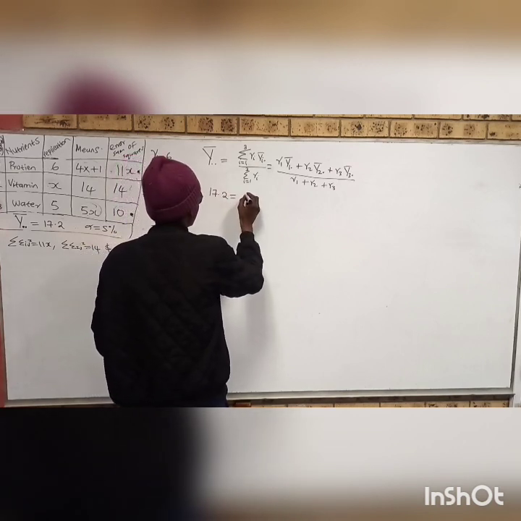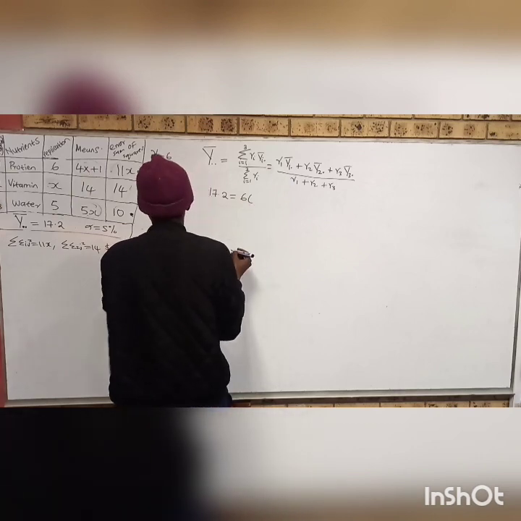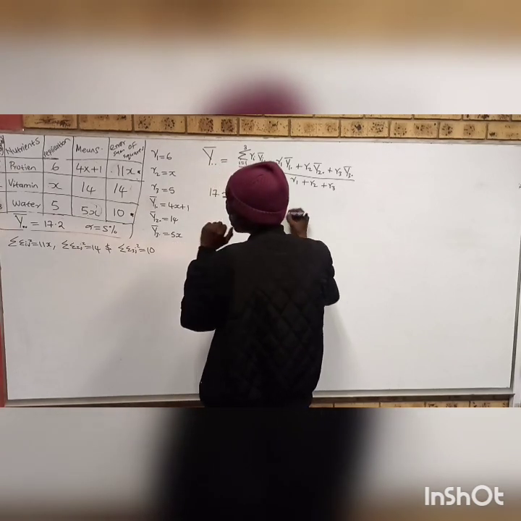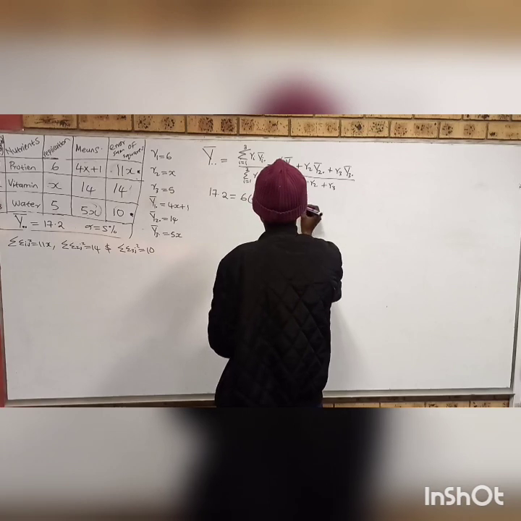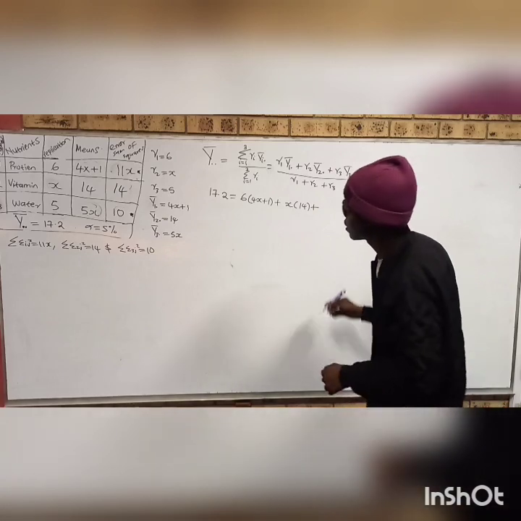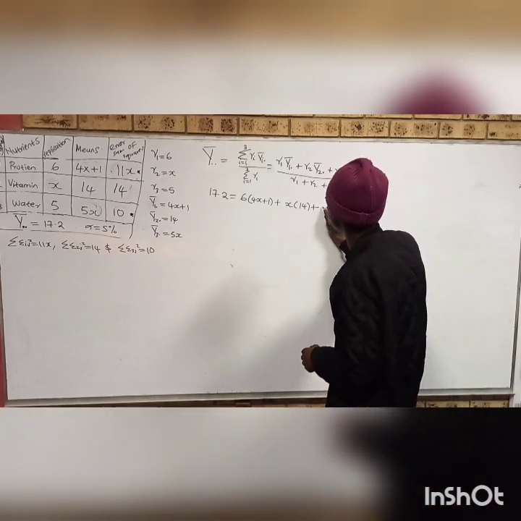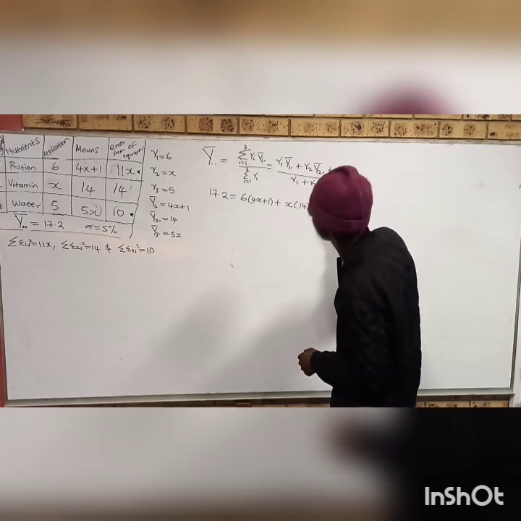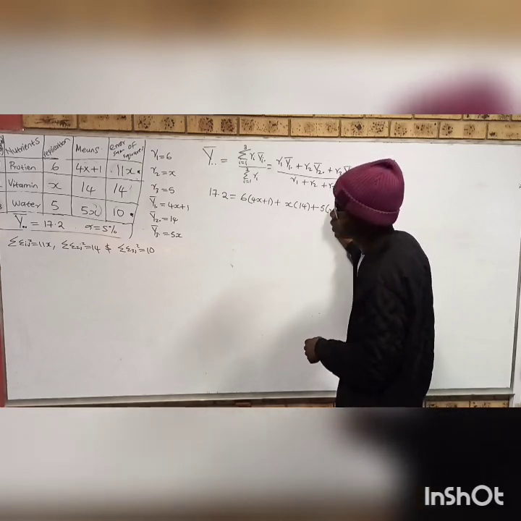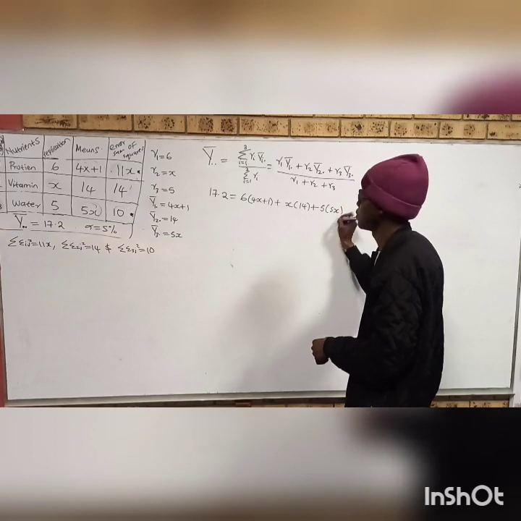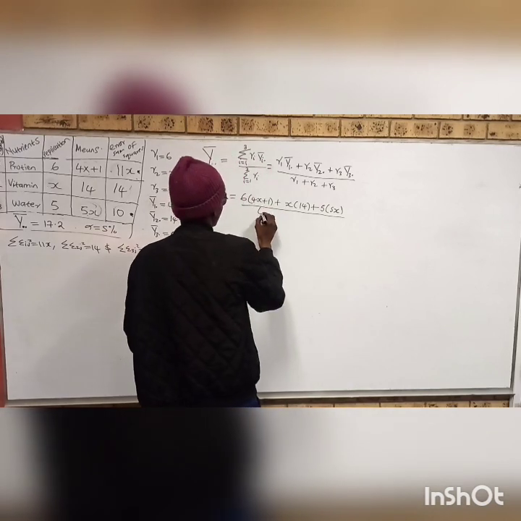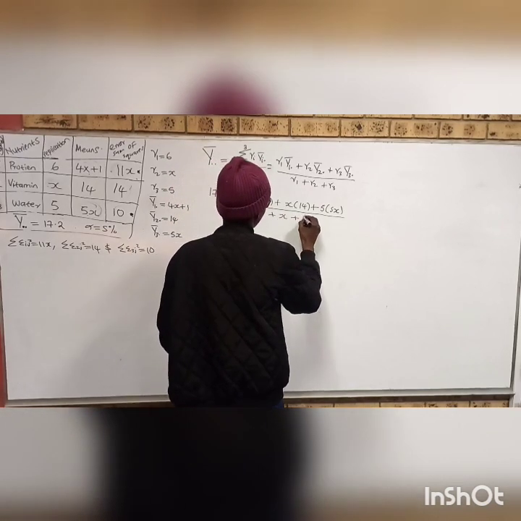R1 is 6 times the mean of the first treatment, which is 4x plus 1, plus R2, which is x, we don't know it, times its mean, which is 14, plus R3, which is 5, multiplied by 5x, the mean of the third, all divided by 6 plus x plus 5.